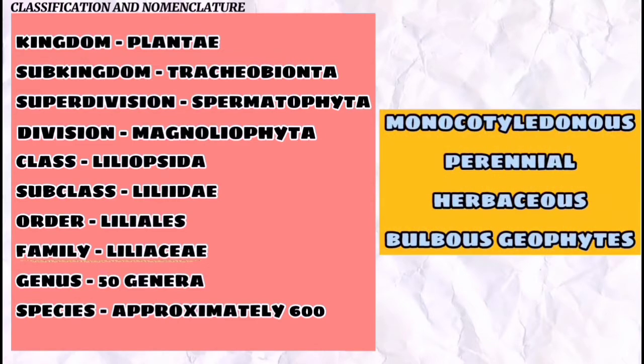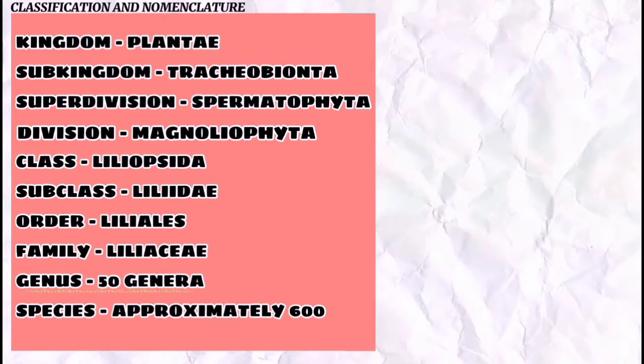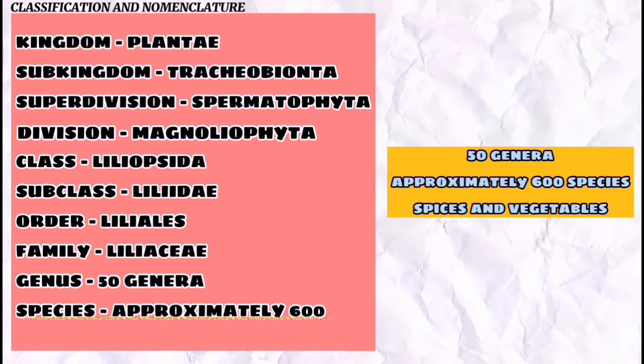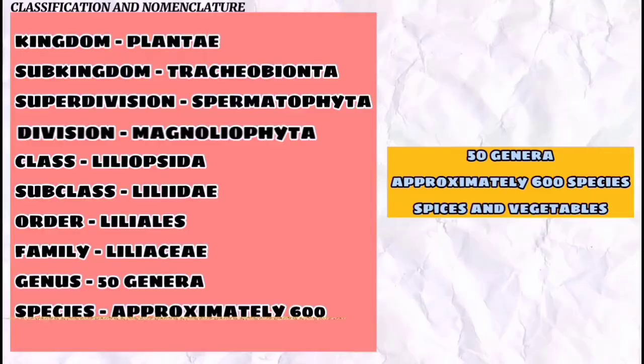They are monocotyledonous, perennial, herbaceous, often bulbous geophytes. Plants in this family have evolved with a fair amount of morphological diversity despite genetic similarity. Next, the Liliaceae family comprises 50 genera and approximately 600 species of flowering plants, with many of them being used as spices and vegetables.